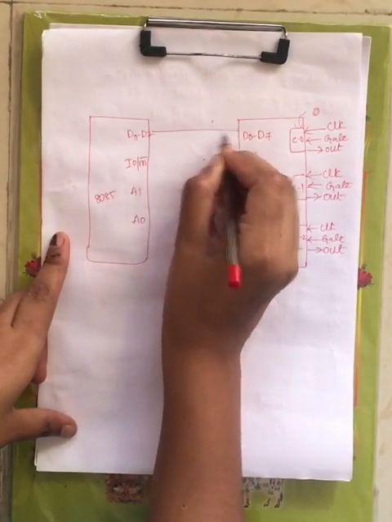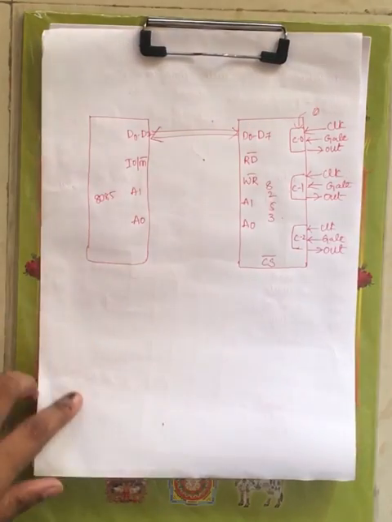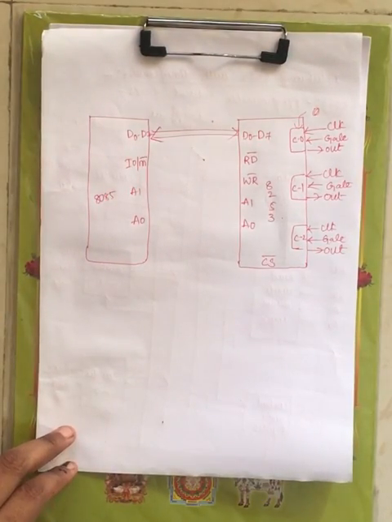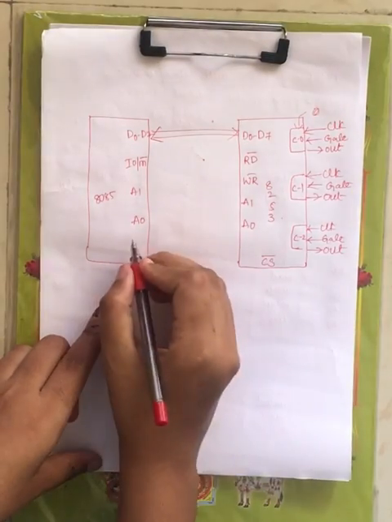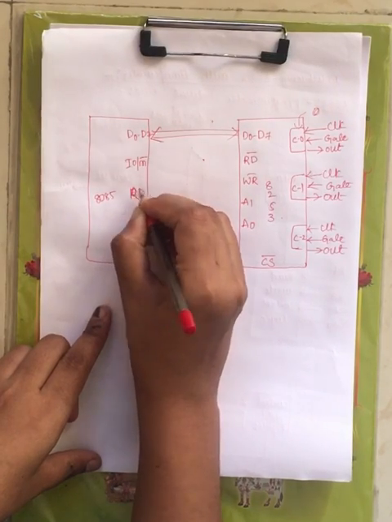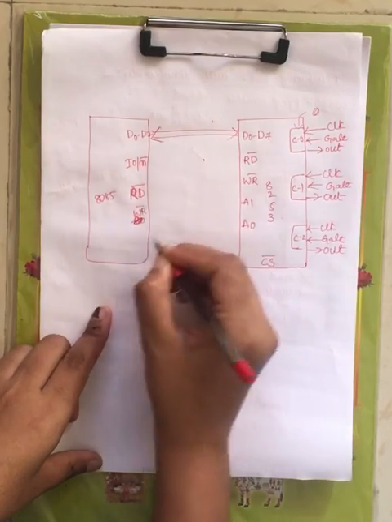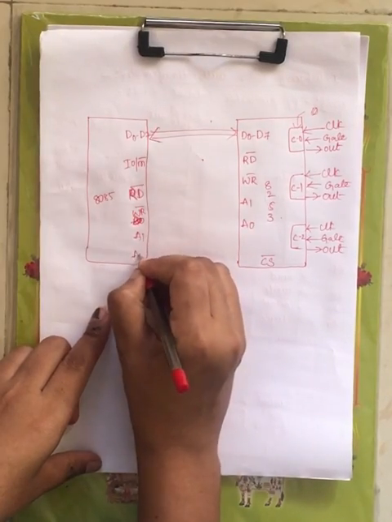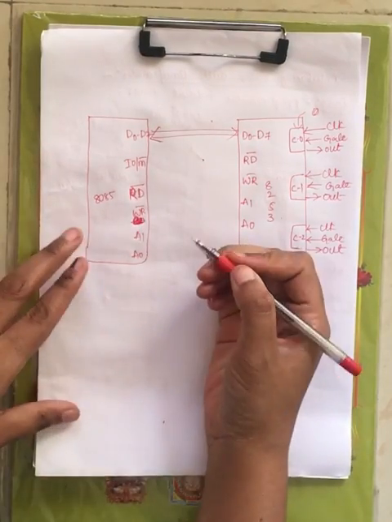Now D0 to D7 of 8085 are connected to D0 to D7 of 8253, right? And next you have the read signal, sorry I had forgotten the read signal, and next you have the write signal. Next you have A1, A0. Only these are sufficient for interfacing of 8085 with 8253.